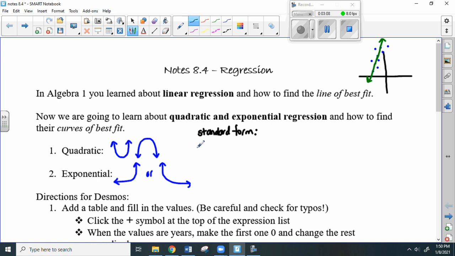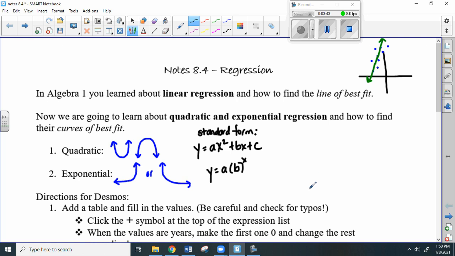For quadratic, it comes from an equation like y equals ax squared plus bx plus c. But for exponential, the standard form looks like this: a times b raised to the x, where a is a number, b is a number, and the exponent is x.